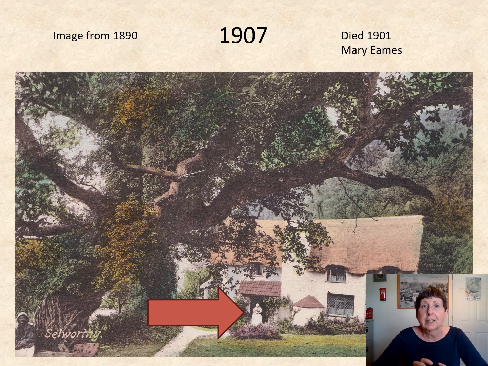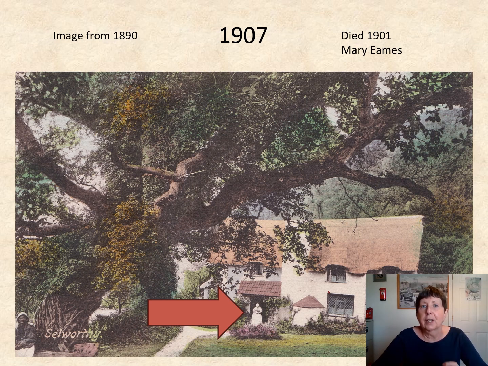Now, this was posted in 1907, and the image actually went into circulation around 1890. But Mary Eames, who's standing in that doorway, she died in 1901, so you can see that the postcard after 1901 is out of date, isn't it?